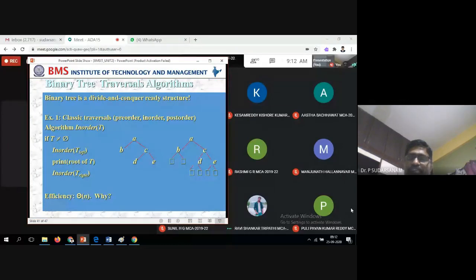How many nodes are there in the tree? Tell me: root node, left node, right node. That's it. Yes, sir. And now when I write the root node first, what are the remaining nodes? Ravi Shankar, I'm asking you only.